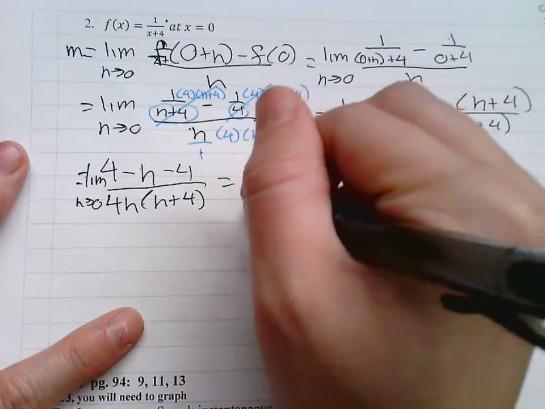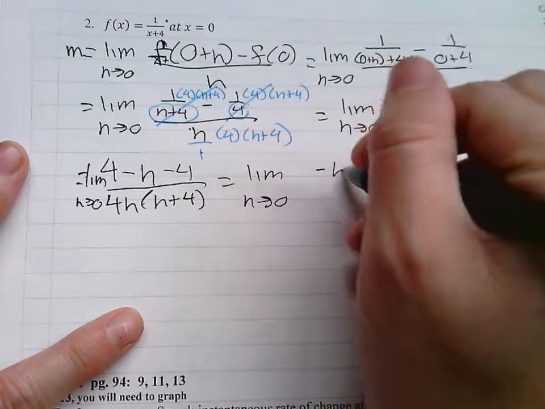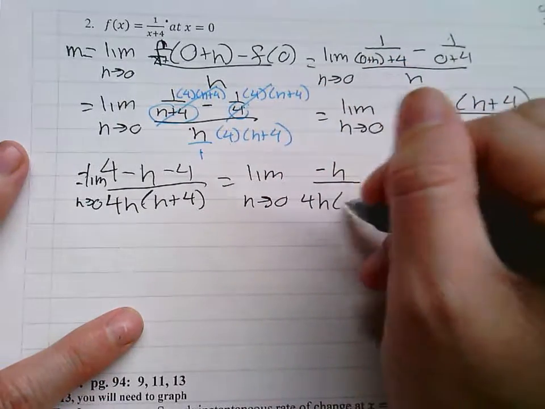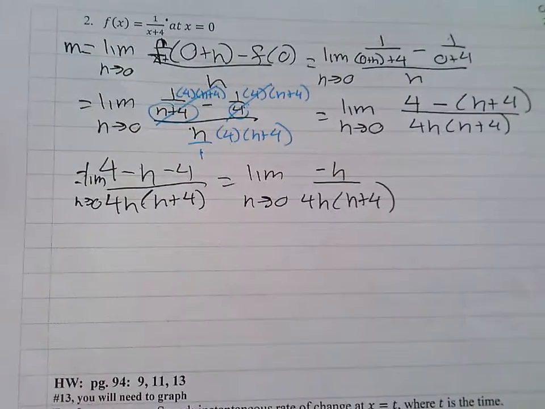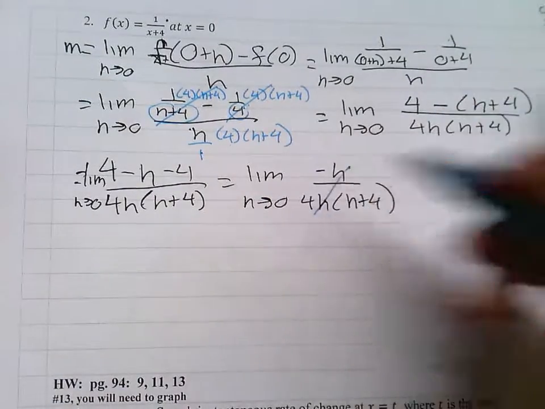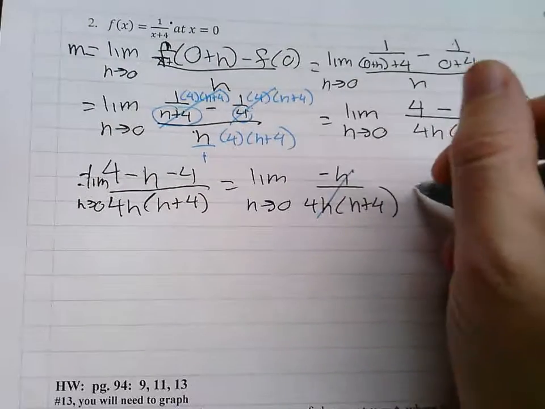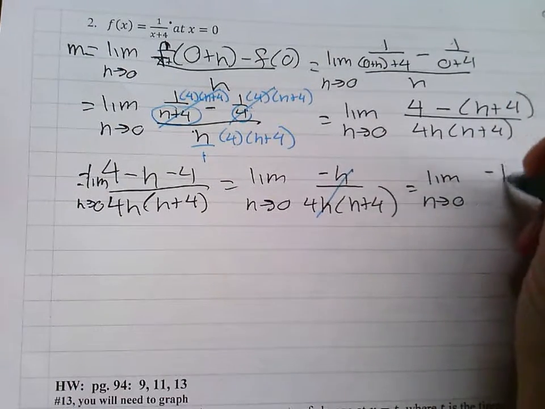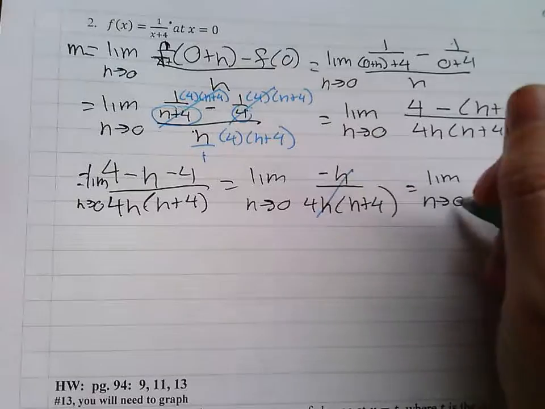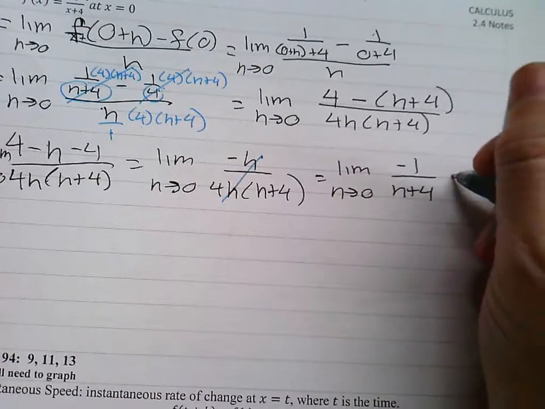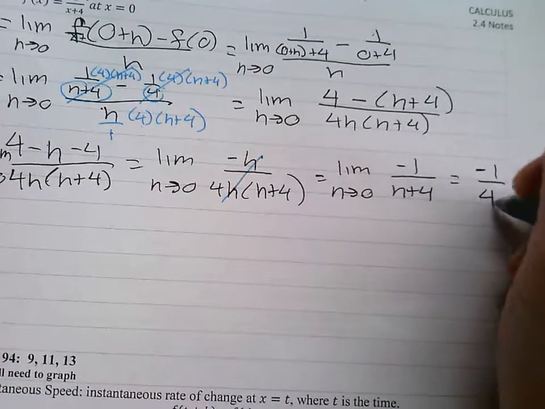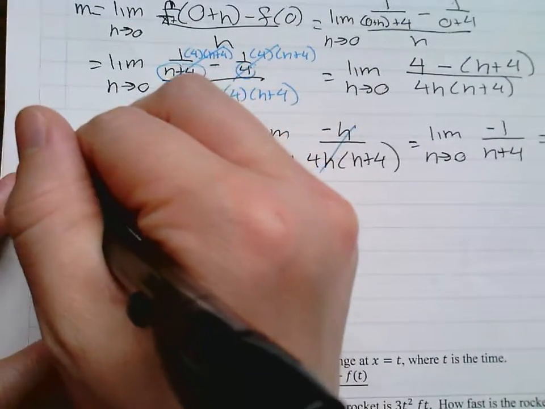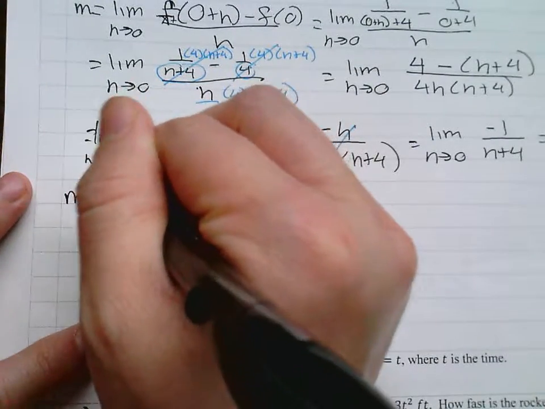The limit as h approaches 0 is going to be negative h over 4h times h plus 4. That cancels out. Okay, go and substitute in the 0. So you have negative 1 over 4. So your slope is negative 1 over 4.